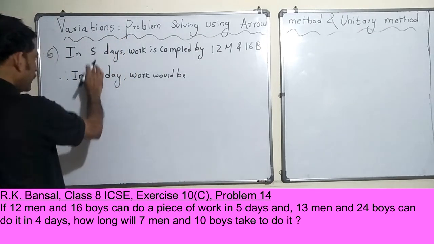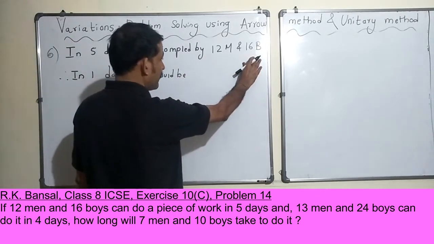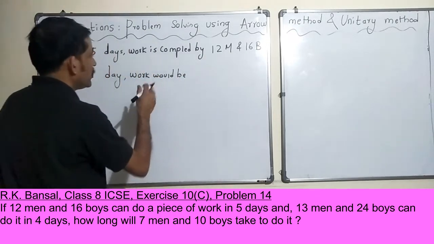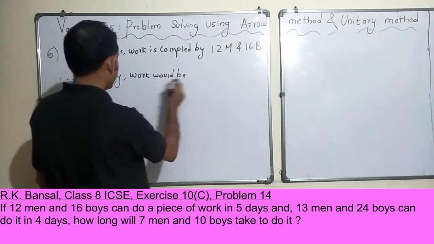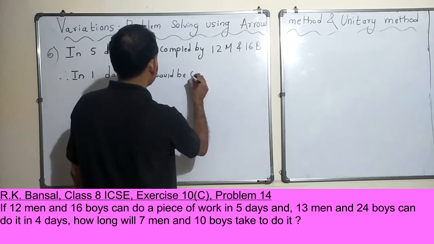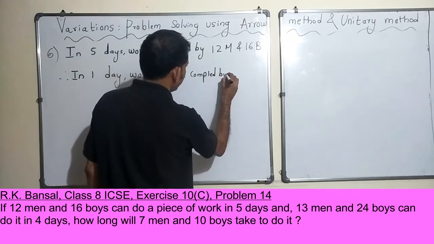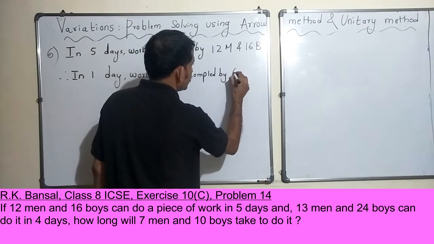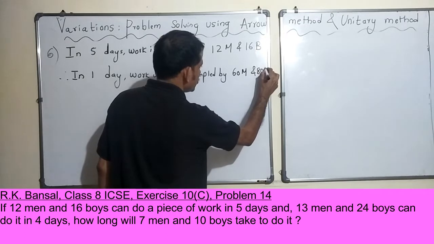So if I divide this side by 5 and make it 1, I will have to multiply this side by 5 to complete the work. In 1 day, work would be completed by 60 men and 80 boys.